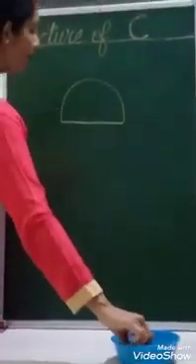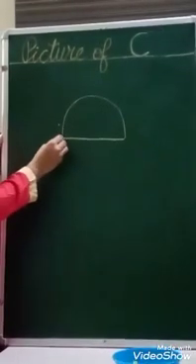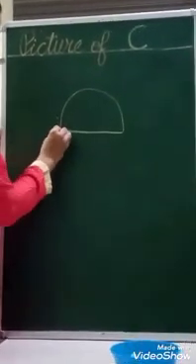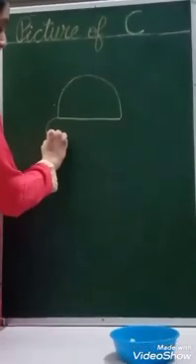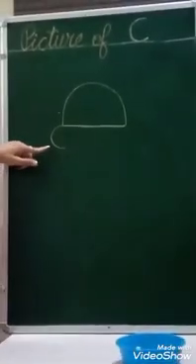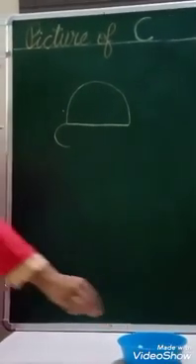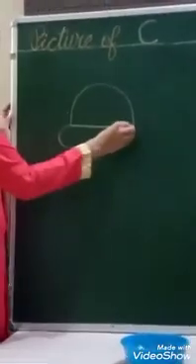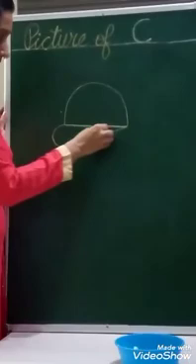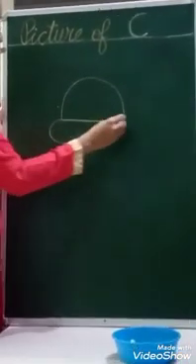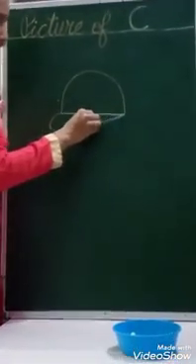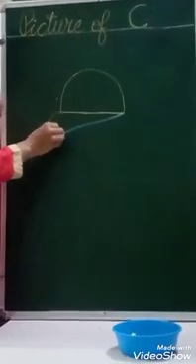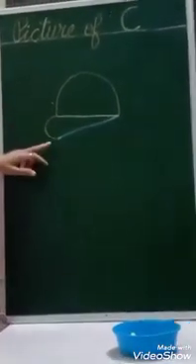Now, my dear students, from here we will draw a C. हम एक छोटा सा C draw करेंगे like this. Now, we will join this C by making a slanting line like this.